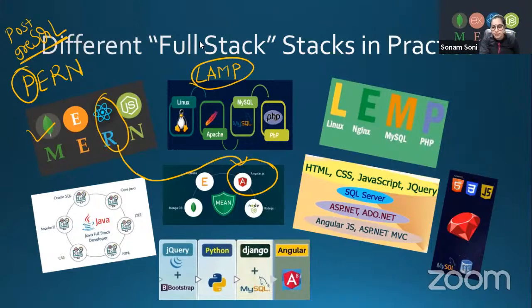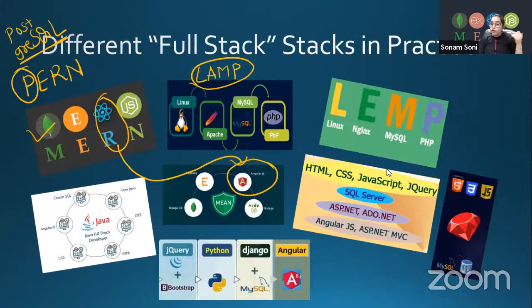Any queries in this? At a time you cannot learn all. First of all, you have to choose only one as a stack. Then, from the MERN stack to the MEAN stack, if you want to go, you have to learn something advanced, which is Angular only.